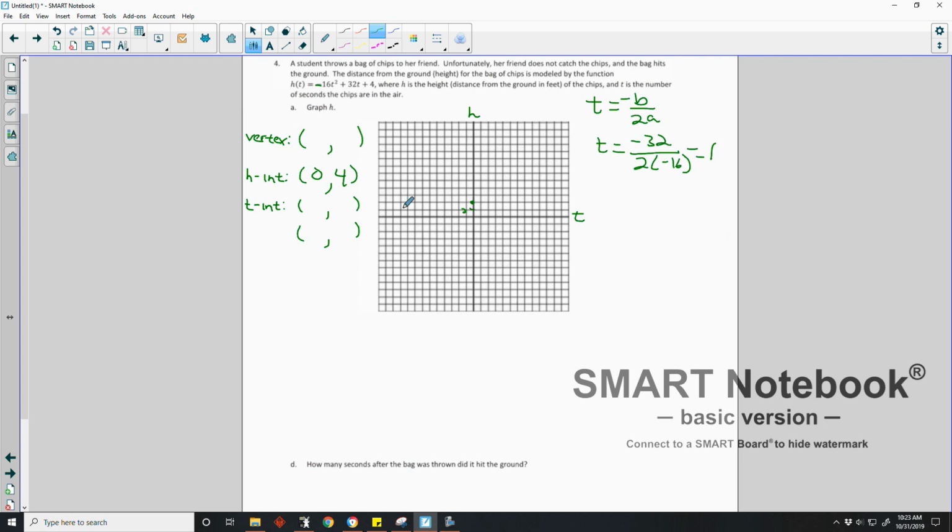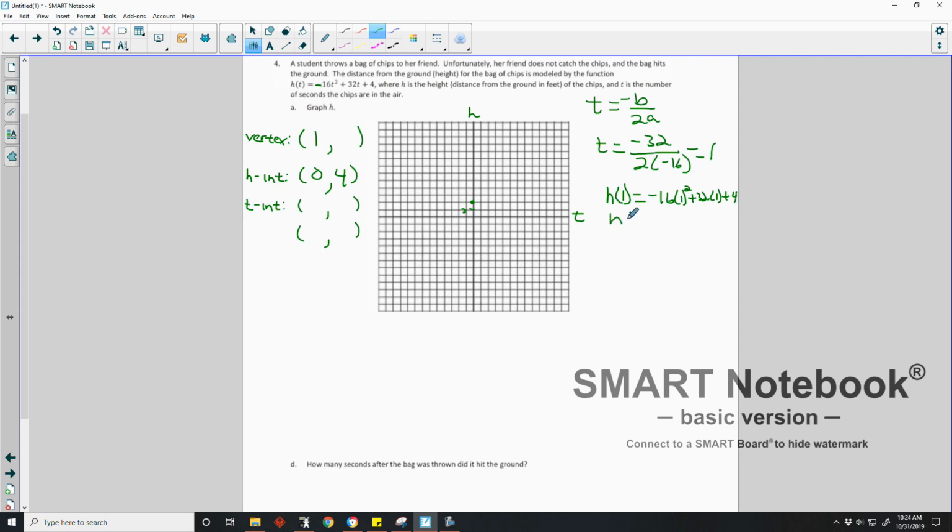So I know that my vertex is the point 1, comma, h of 1. So now I just need to find h of 1, which equals negative 16 times 1 squared plus 32 times 1 plus 4.